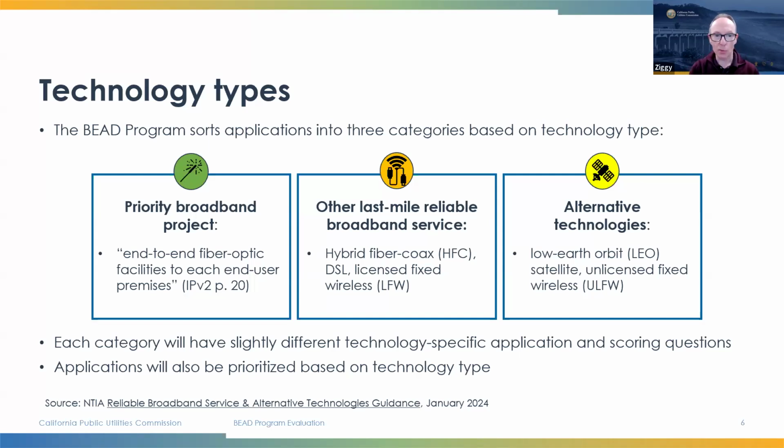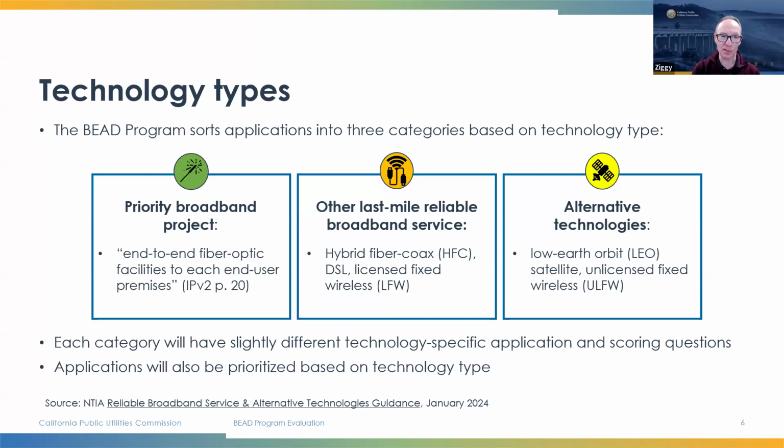Oh, and by the way, I will be referencing initial proposal volume 2 consistently throughout this presentation. That is the document that California has adopted that is based on NTIA's requirements and guidance, and you can consider it the Bible for this program and the selection process and design.